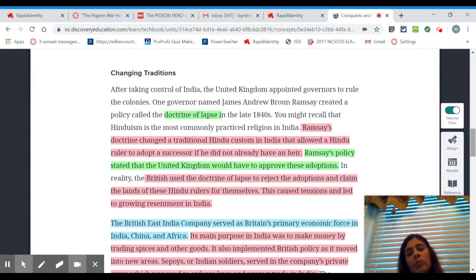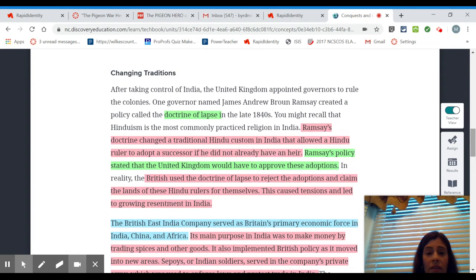So he steps in and says, well, we're going to call this the Doctrine of Lapse policy. And now if you want to approve a new Hindu leader, the Hindu people don't do it. It's going to have to be approved by Britain.